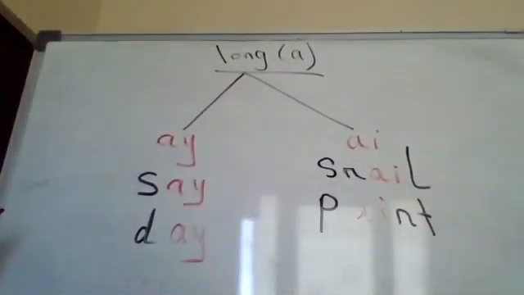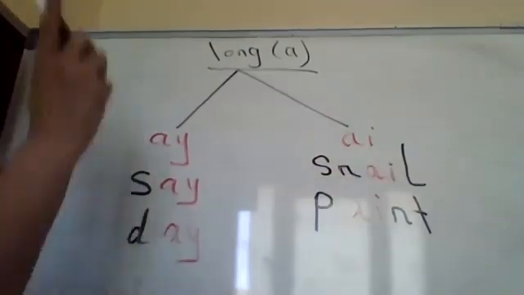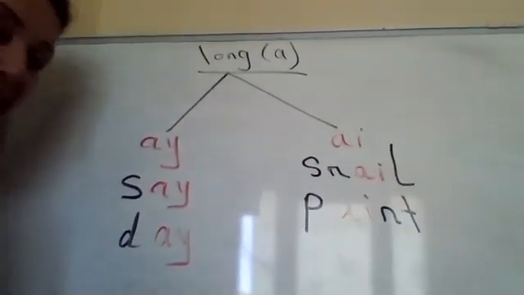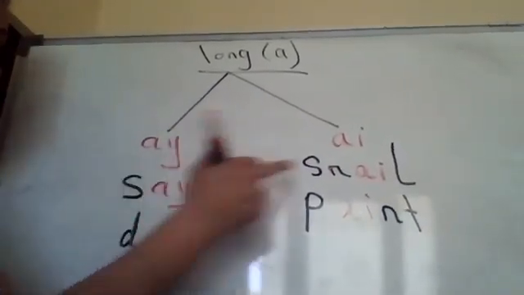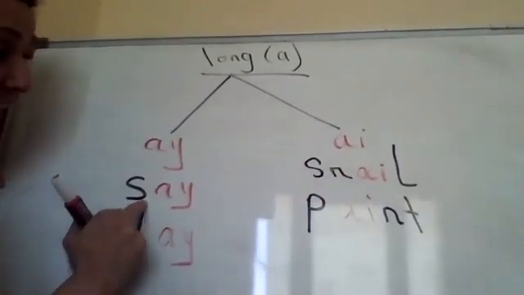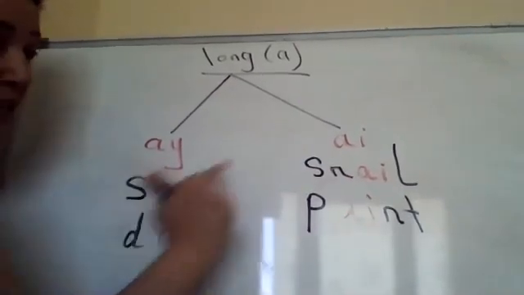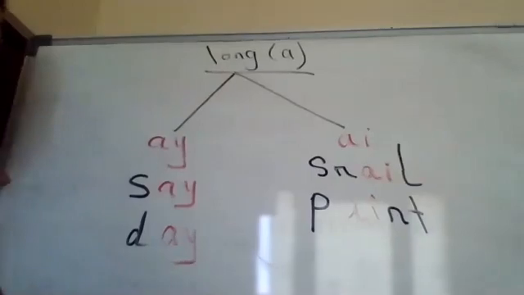All these letters, A-Y, A-I, have the same pronunciation, A. This is say, this is snail. Say, snail. Did you notice this? A-Y, A-I have the same pronunciation.